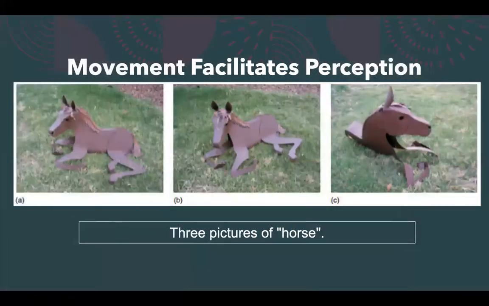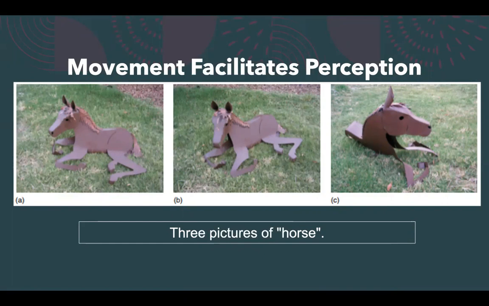Although movement adds complexities to perception that aren't there when we are sitting in one place, movement also helps us perceive objects in the environment more accurately. One reason this occurs is that moving reveals aspects of objects that are not apparent from a single viewpoint. For example, let's consider these horses in this figure.